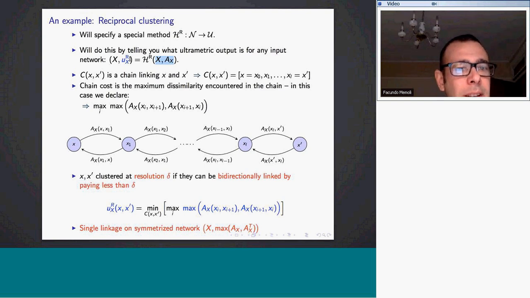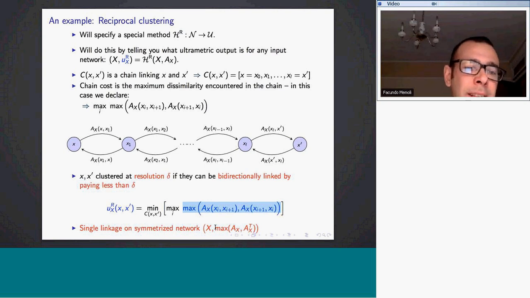Now, it does the following. Hierarchical clustering is applicable to symmetric networks. So they also take your network, which may be asymmetric, X and A_X, and symmetrize it in this way: you take the maximum between A and the transpose of A. So that works.